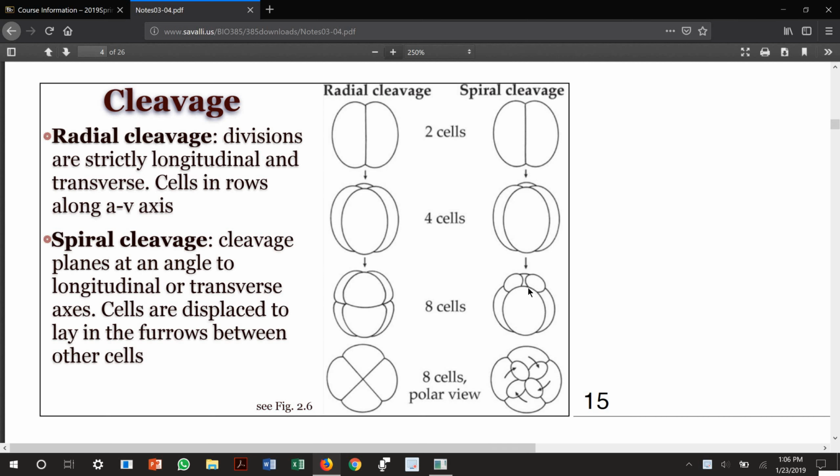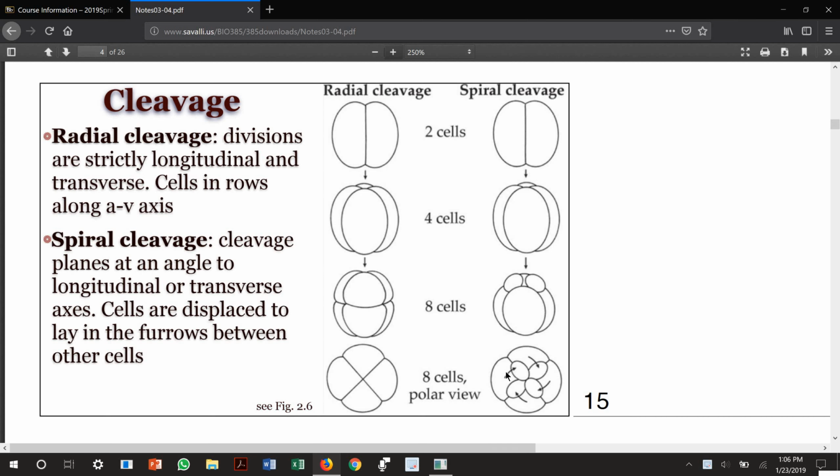And so those cells form a nice line. In spiral cleavage, on the other hand, this cleavage is actually at an angle. So when this cell divides, it doesn't divide right here, it divides right here and produces one cell that's offset from the other one. So in the lateral view, it would look like this.